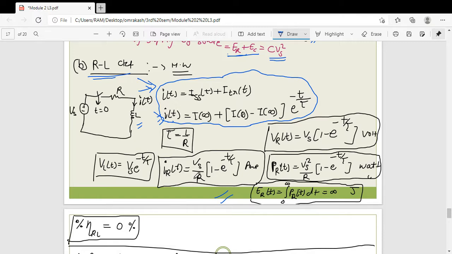When you calculate the efficiency of this RL network, you will get 0%. That's why in our electrical network theory, we say that the inductor is the worst component, because the efficiency of that network is zero.